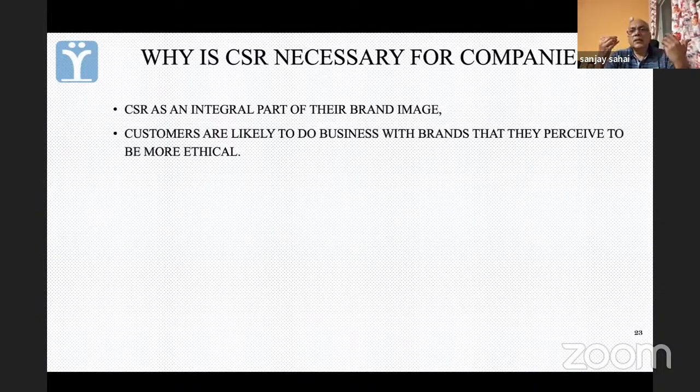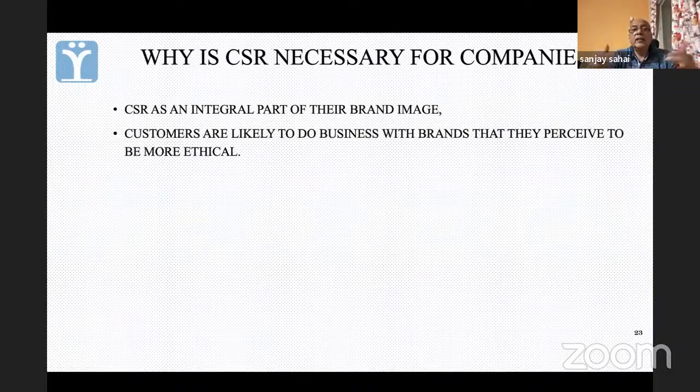Now, the girl representing India there is a tribal girl who has been trained at the academy which Tata has set up. So basically what happens is, when you see a young archer out there representing the country, somewhere at the back of your mind, you're thinking, this company made it possible.